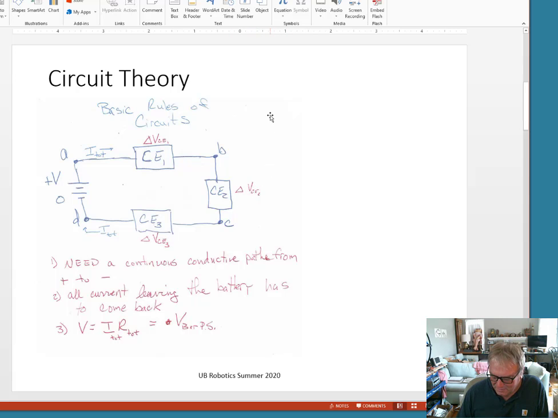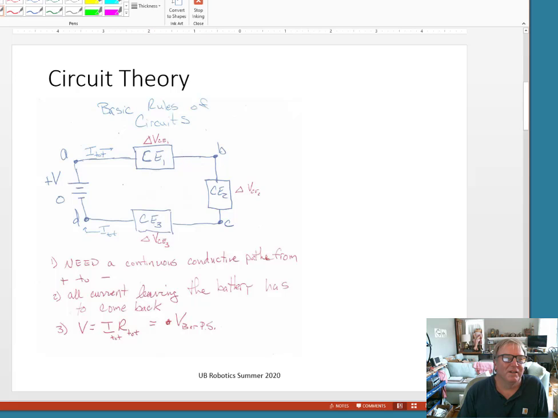So you'll see this kind of strange looking nomenclature or way of writing about things. And you see CE. So CE is a circuit element.